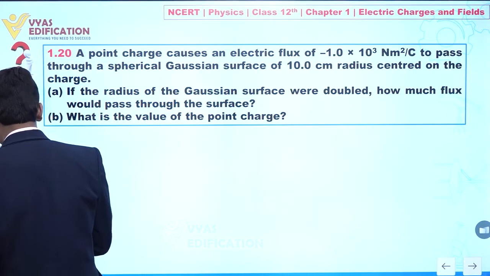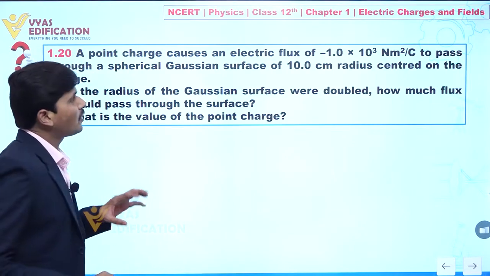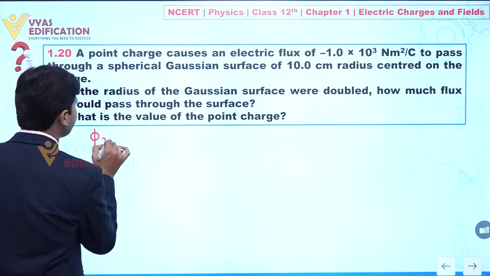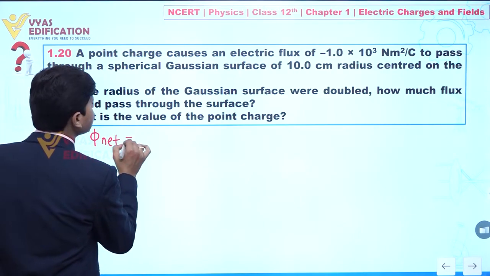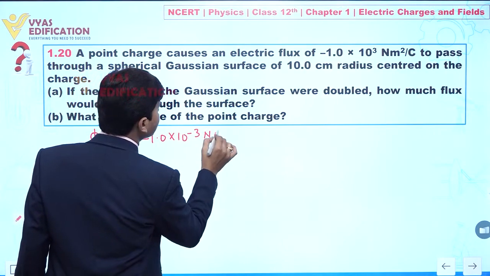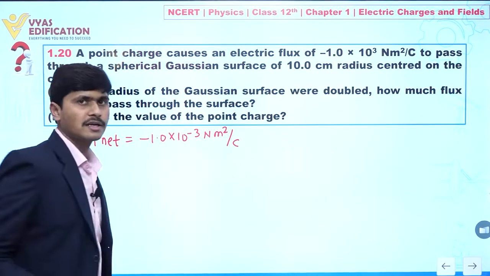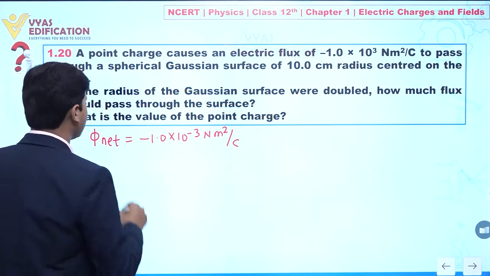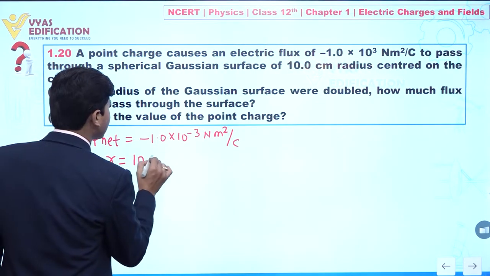So now concentrate on the screen. A point charge causes a flux. So the value of flux is given, negative of 1.0 into 10 to the power 3 Newton meter square per coulomb. Clear? Now the spherical Gaussian surface radius is given to you, 10 centimeter.